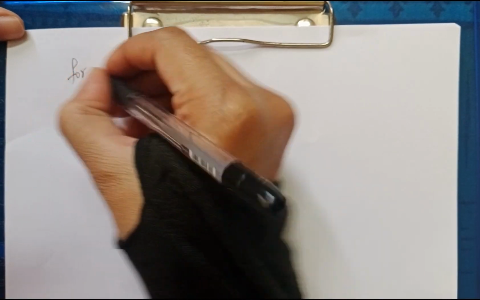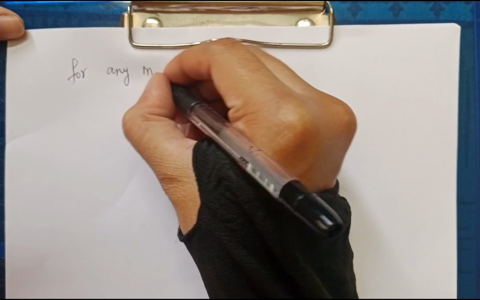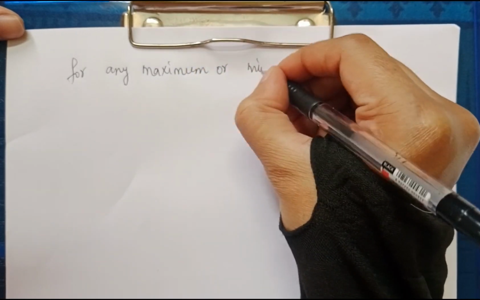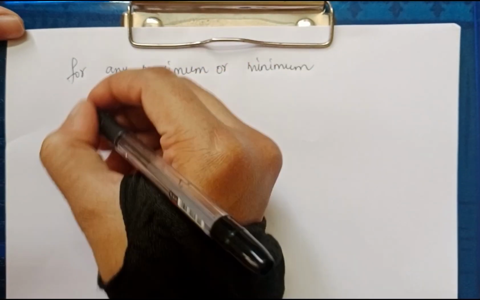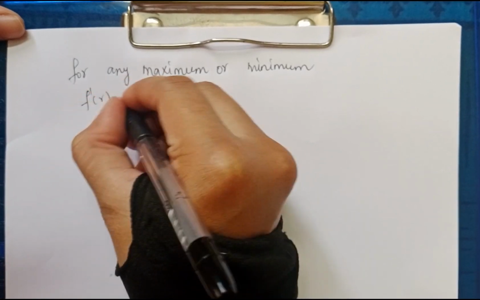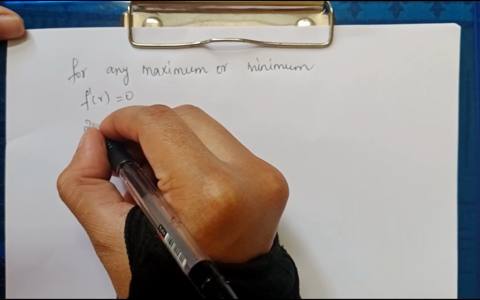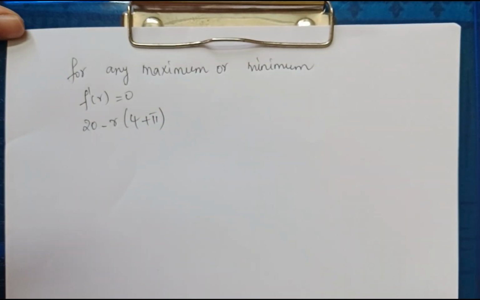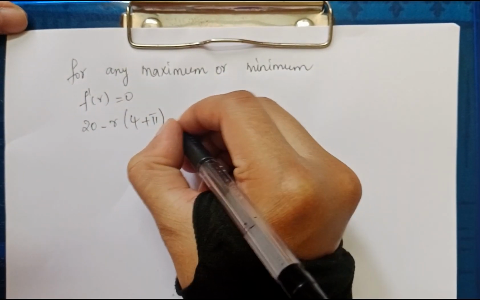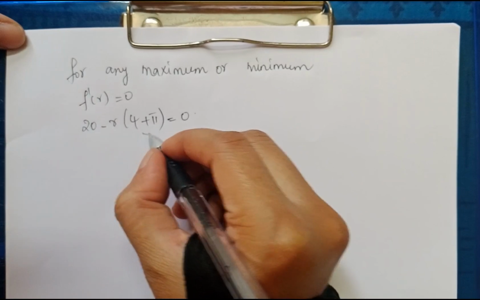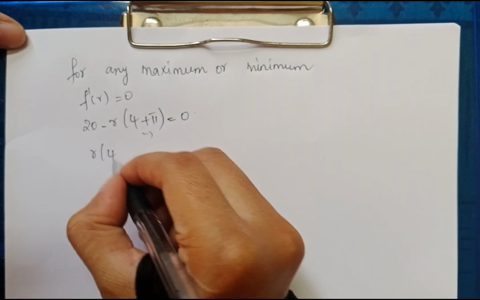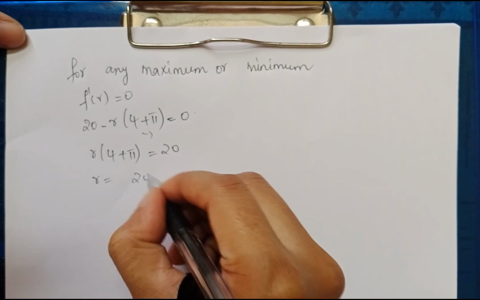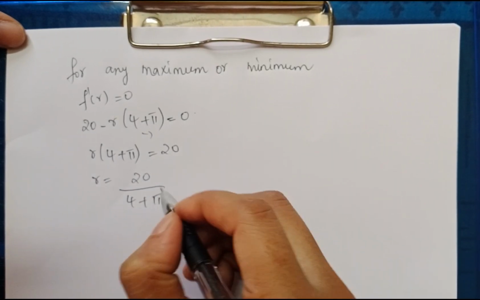So for any maximum or minimum, f dash of r is equal to 0, which is 20 minus r into 4 plus pi equals to 0. So shifting this term there, it is positive r into 4 plus pi is equal to 20. So r can be given as 20 by 4 plus pi.